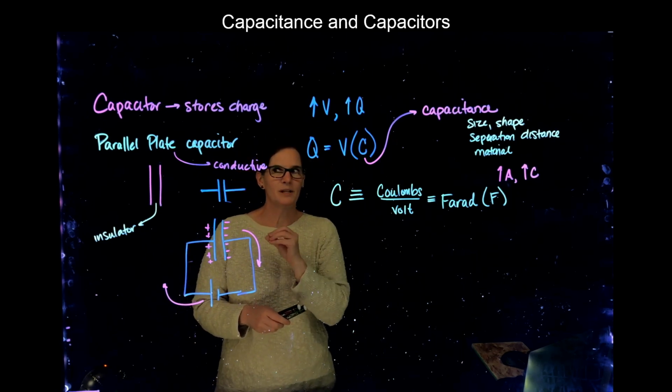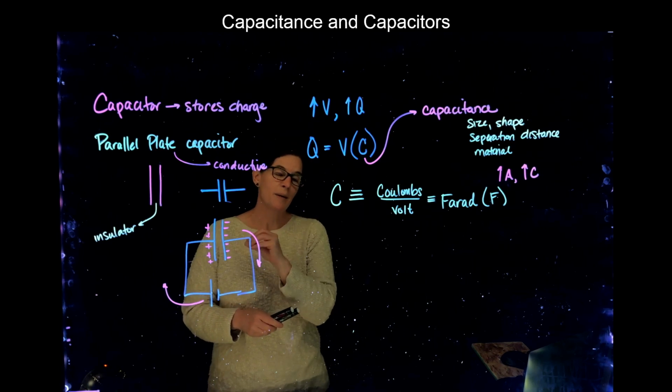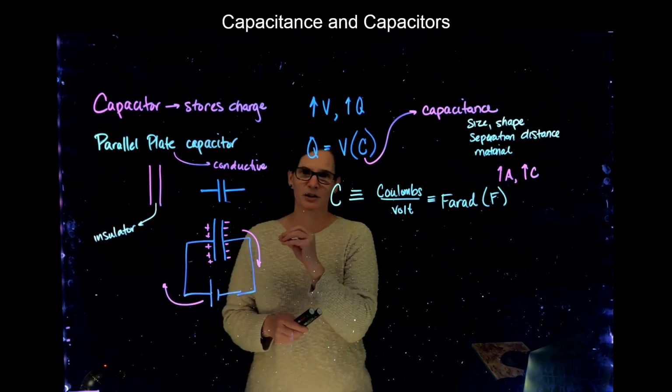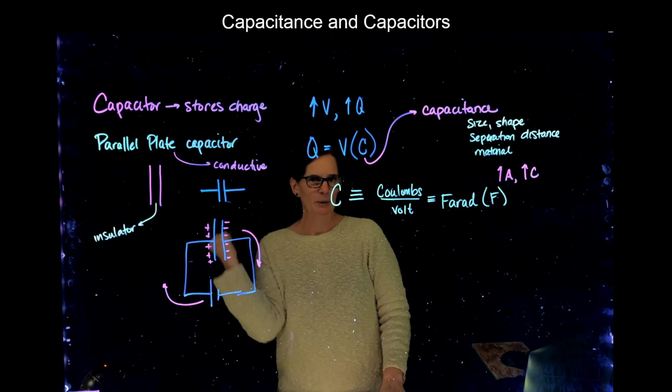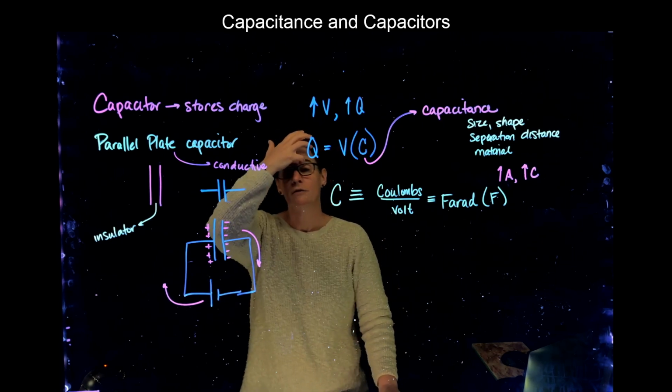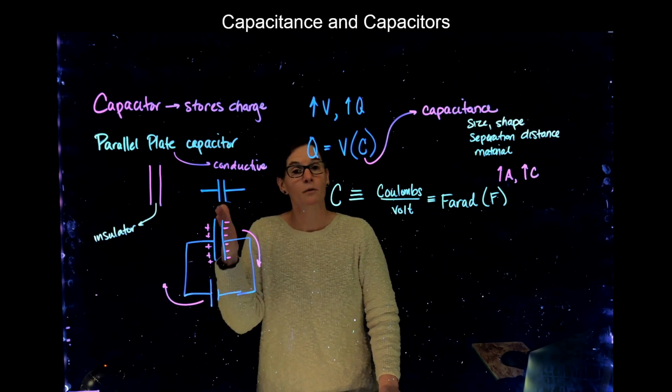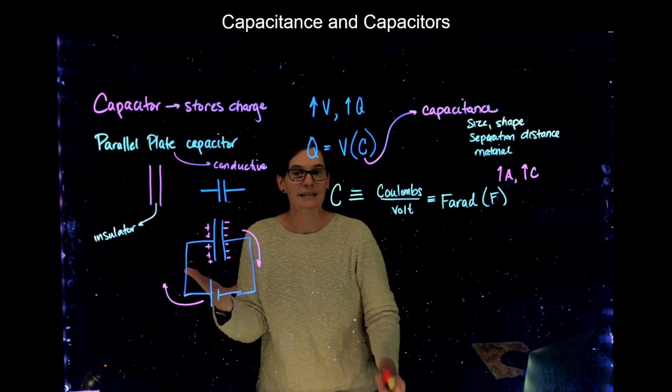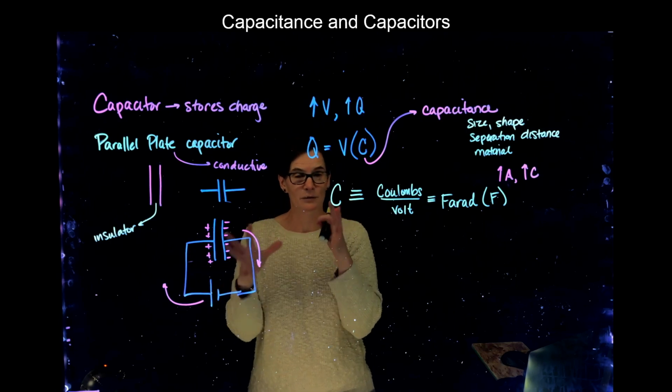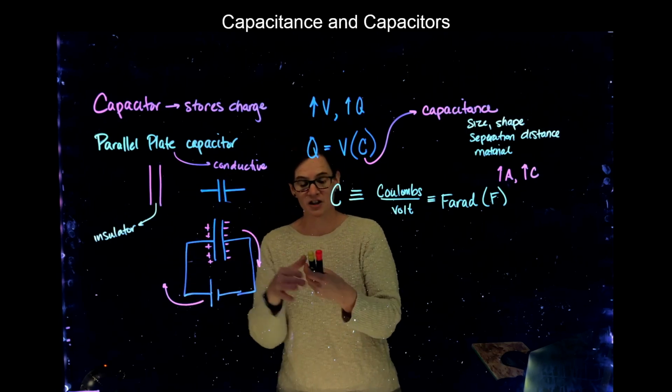One of the things that we can utilize when we look at the capacitance for a parallel plate capacitor is that we're going to pull back some information that we learned from our discussion of voltages, potential difference, and electric field. So if it's been a while since you've looked at that video, go back and check that out.